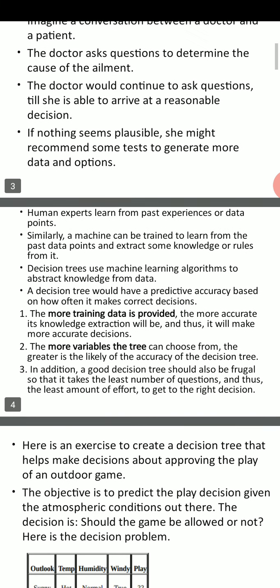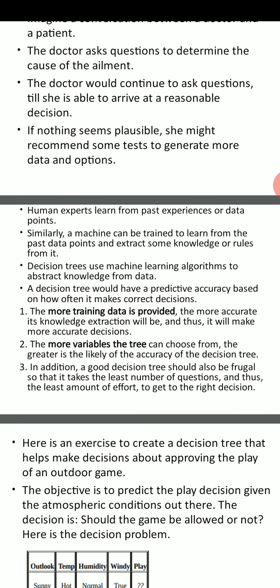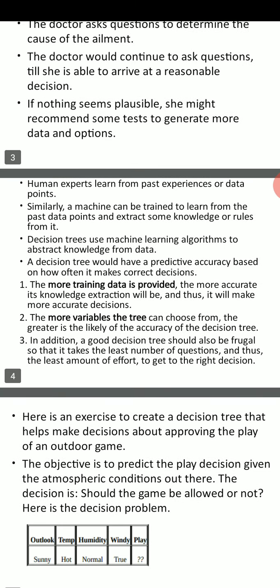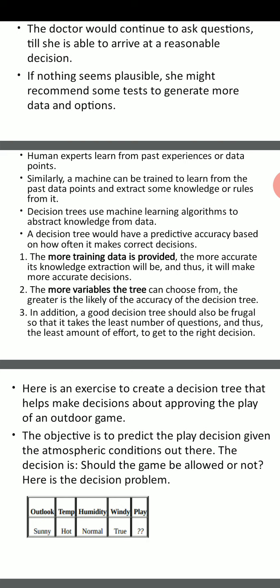Similarly, a machine can be trained to learn from past data points and extract some knowledge or rules from it. Decision trees use machine learning algorithms to abstract knowledge from data. A decision tree would have a predictive accuracy based on how often it makes correct decisions. The more training data is provided, the more accurate its knowledge extraction will be, and thus it will make more accurate decisions.